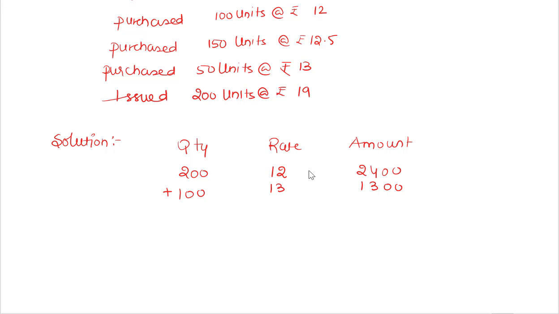But before issuing, we need to total it. The quantity is 300 units, amount is 3700. Now 3700 divided by 300, you will get this balancing figure. Do it. 3700 divided by 300, 12.33.